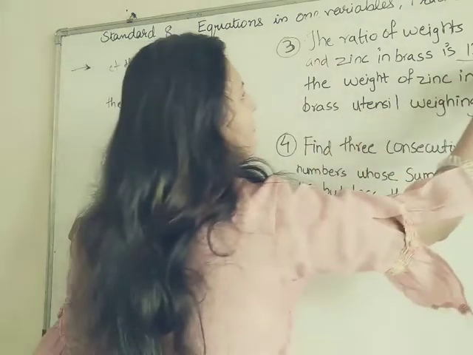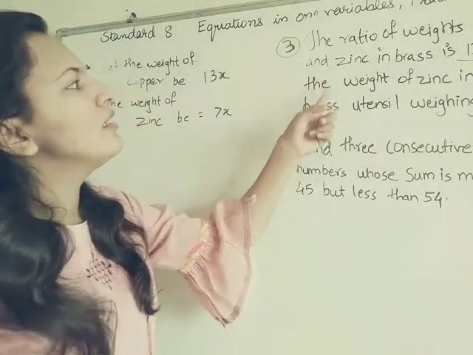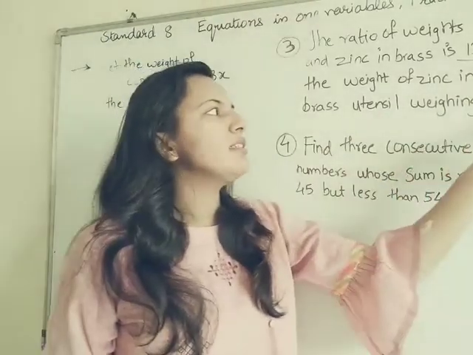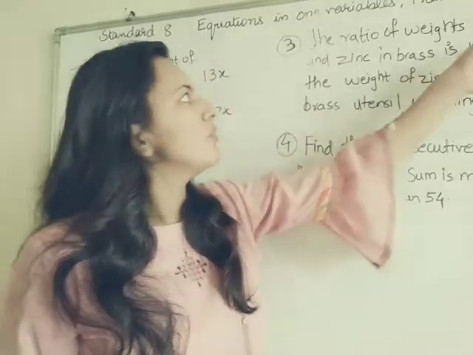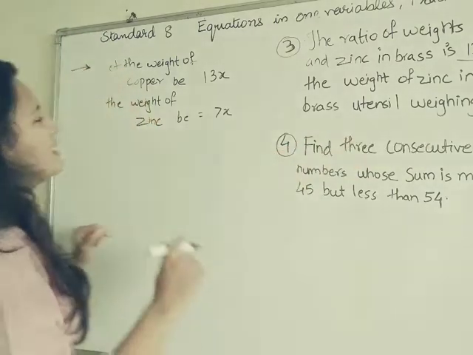Okay, so the next statement is the weight of zinc in a brass utensil which is weighing 700 gram. So brass is an alloy which is a combination of copper and zinc. So its weight is 700 grams.